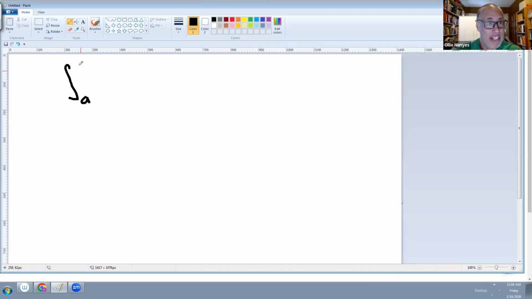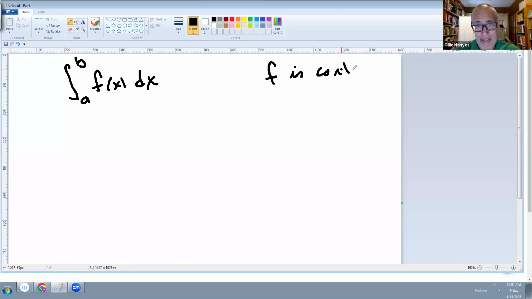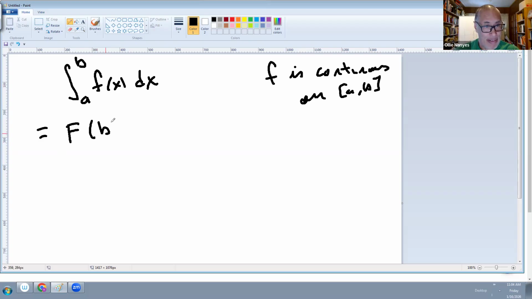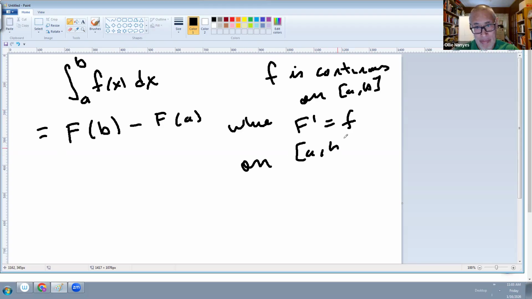For example, let's say you wanted to do the definite integral of a function between a and b, and let's say f is continuous on, say, [a, b]. Then a consequence of the fundamental theorem of calculus is that an antiderivative exists, and that this will be equal to F(b) minus F(a), where F prime is equal to little f on the interval in question.